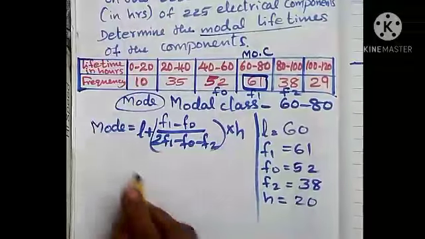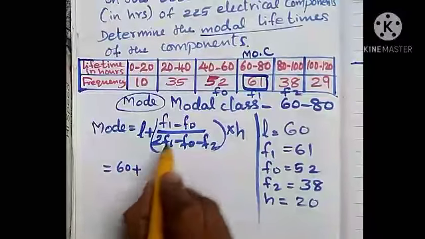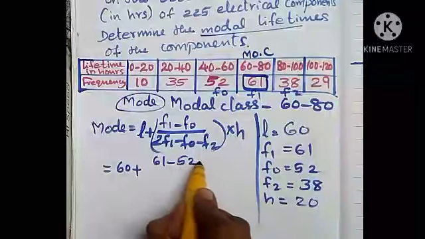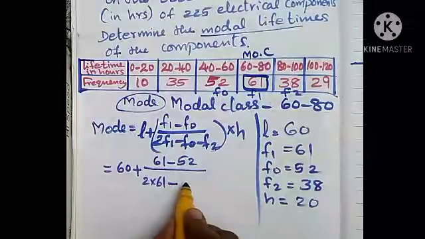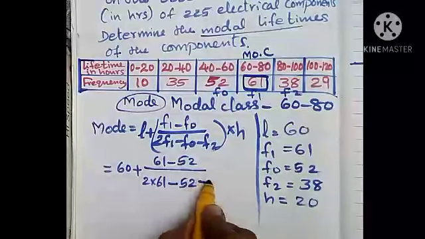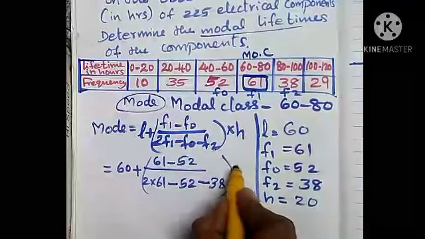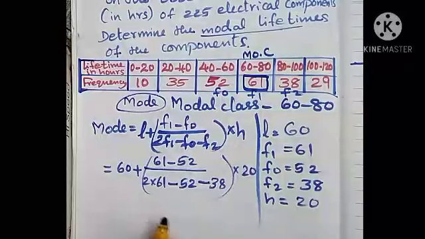Clear? Now we can substitute the values. L plus, means 60 plus, F1 minus F0 means 61 minus 52, by 2 into 61 minus F0 means 52 minus F2 means 38, into H means 20. Clear? Any confusion?